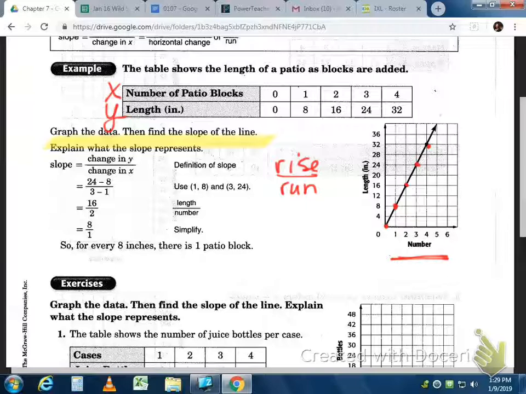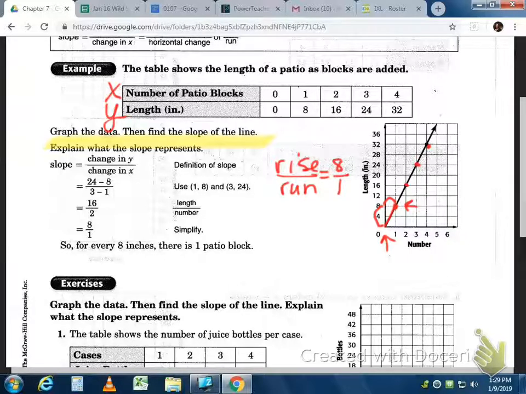I'm going to pick a point on this graph. I'm going to start right here, and I'm going to count the rise over run to that point. To rise up, to match up with that point, how many steps up did I go off that side? It looks like 2, but look at the numbers on the side. 8. So I rose up 8, and then I ran over how many? 1. I rose up 8 steps, 8 inches, and I ran over 1.